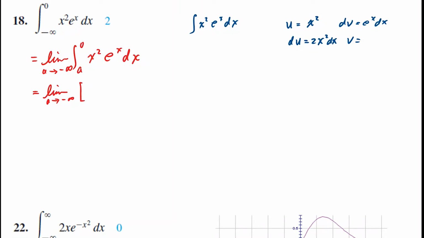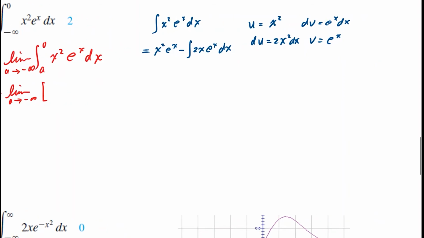It's amazing how that works, right? So this integral turns out to be uv, these two, so x squared e to the x, and then minus the integral of these two. So we have 2x e to the x dx.